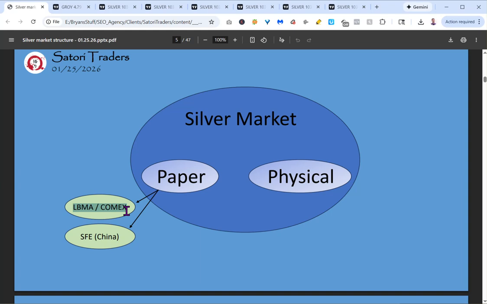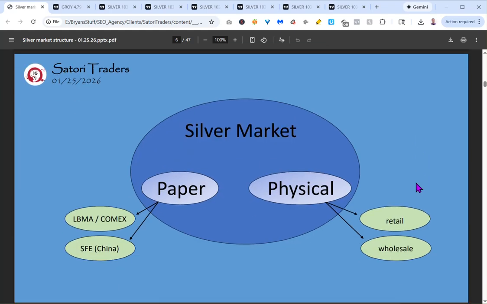But anyway, there is a margin. You don't have to put up the full value of the contract in order to sell silver short in the futures markets. Not the case in SFE. In my mind, this is a significant differentiation between the two paper markets, the Western and Eastern paper markets.